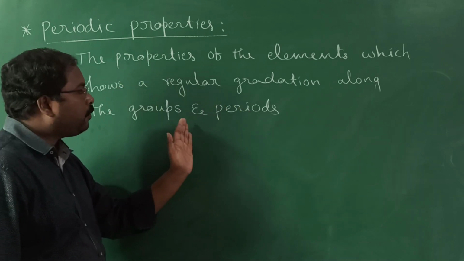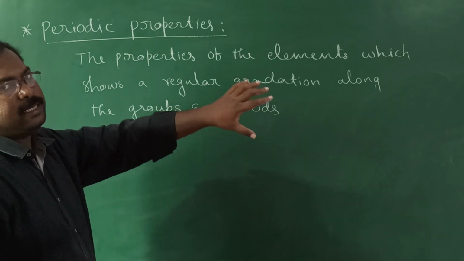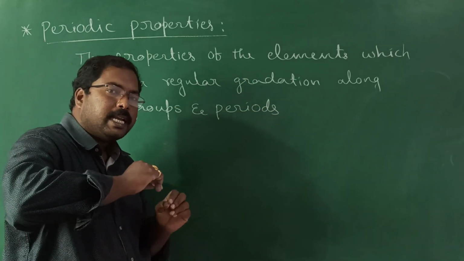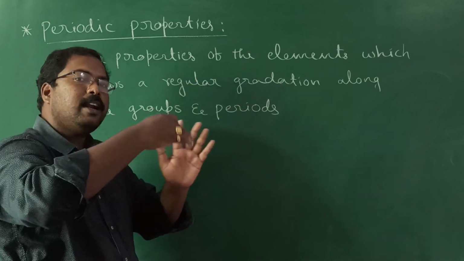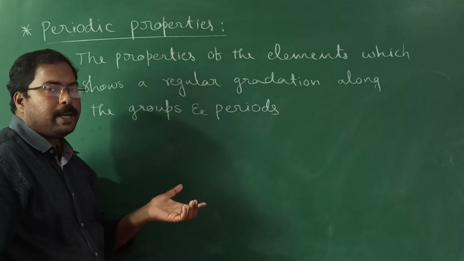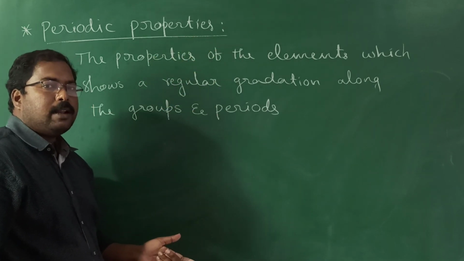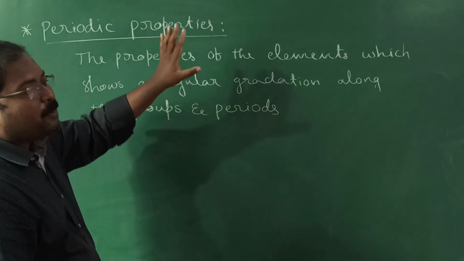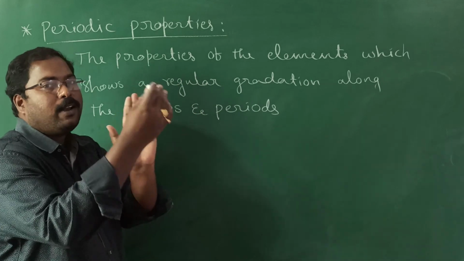While moving from left to right in the periods, they show a regular change: either regularly increasing or decreasing. Or if you observe along the group, top to bottom. Sir, why top to bottom? I want to see from bottom to top. Not like that, we have to follow a standard.